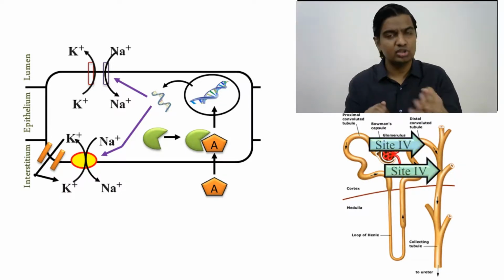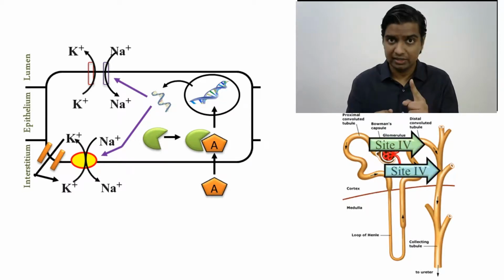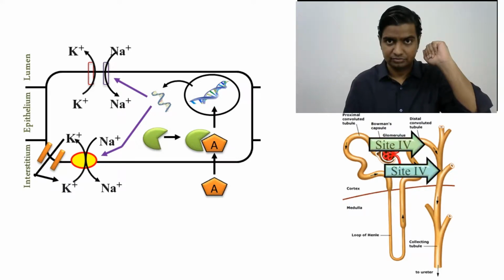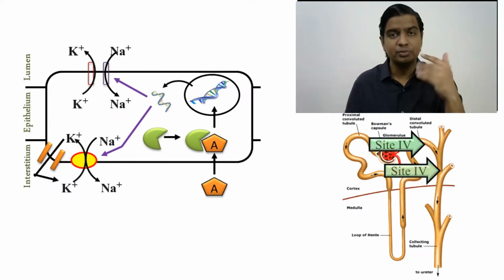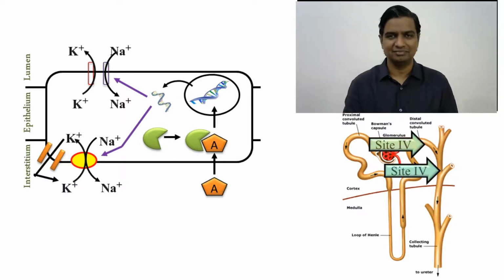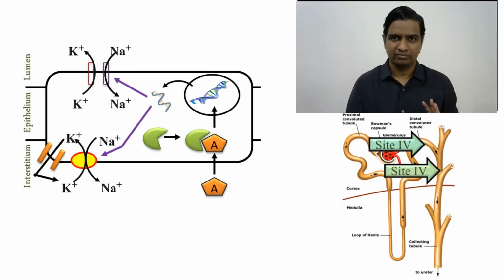Why? Because of the sodium potassium ATPase pump, right? Sodium in the lumen, in the urine, is at a higher concentration. So because of the amiloride sensitive sodium channel, that sodium will come in. Now please note, when sodium comes in, you have to give away some positive. So you give away what? Potassium.